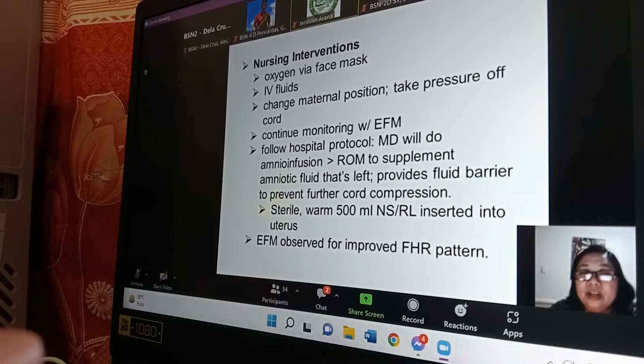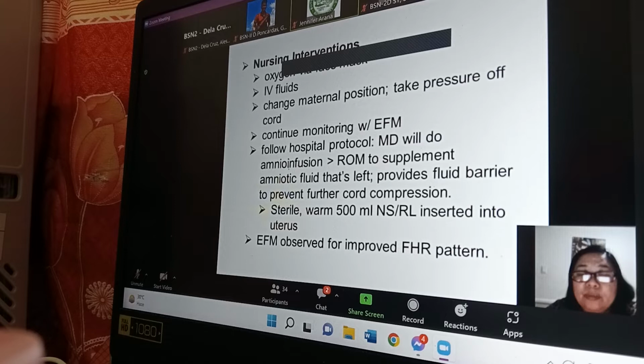So what is usually used here is a sterile, warm 500 ml normal saline or Ringer's lactate inserted into the uterus. So, muna gamiton ha, pag amnio infusion, butangan ng fluids ang uterus. Okay, pag nag-rupture of membrane na, di ba, manggawas naman itong amniotic fluid. So, muna makalid na siya sa mga compressions.